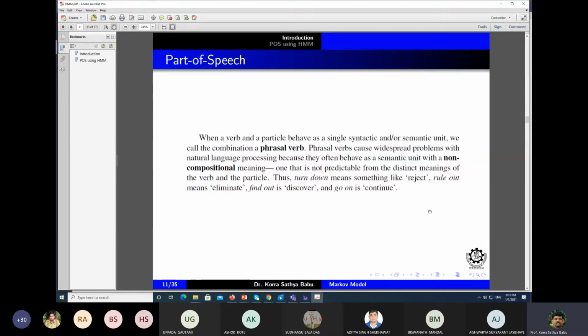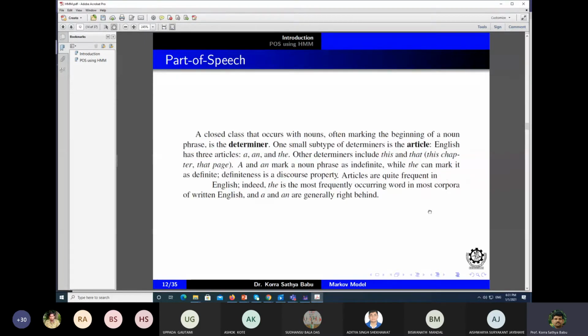Pronouns are also part of the closed classes. Pronouns are forms that often act as a kind of shorthand for referring to some noun phrase, entity, or event. Personal pronouns refer to persons or entities, like you, she, I, it, me. Possessive pronouns are also there, like my, yours, his, hers. These are forms of personal pronouns that indicate either actual possession or, more often, just an abstract relation between the person and some object.